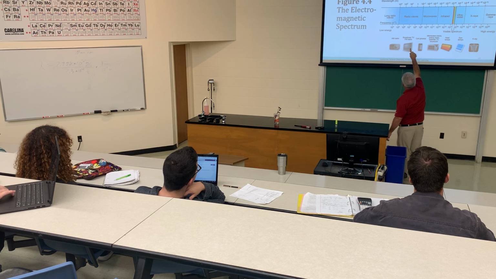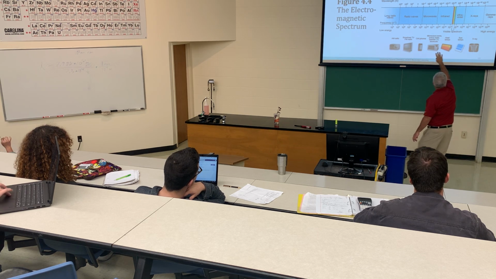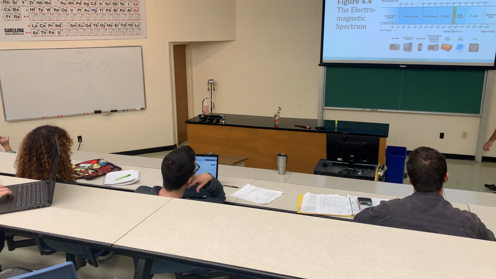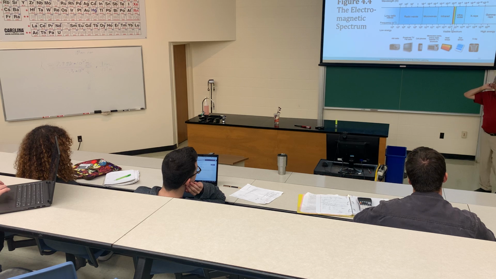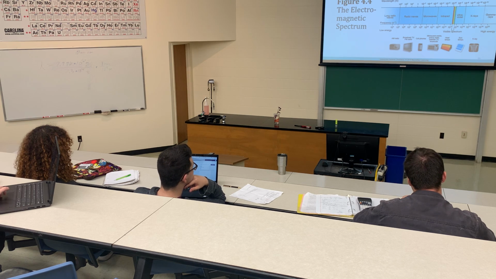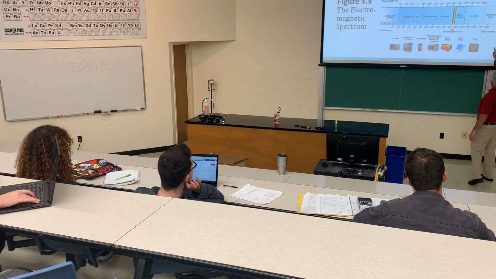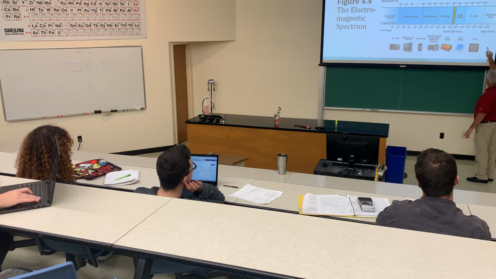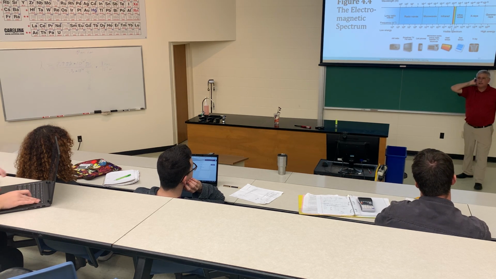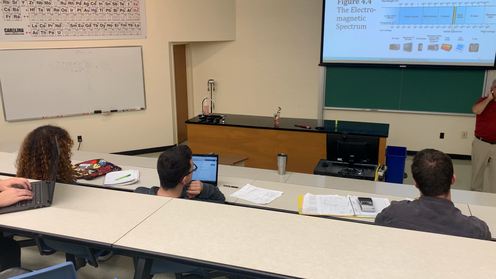Those are low energy waves. Then we move all the way across to gamma rays, which are 10 to the minus 11 meters in length, or shorter. That means gammas are much higher in energy, because their frequency is somewhere between 10 to the 19th and 10 to the 20th times per second.